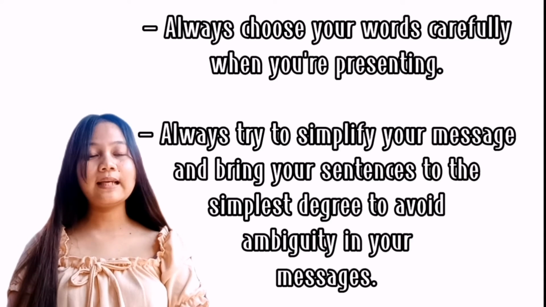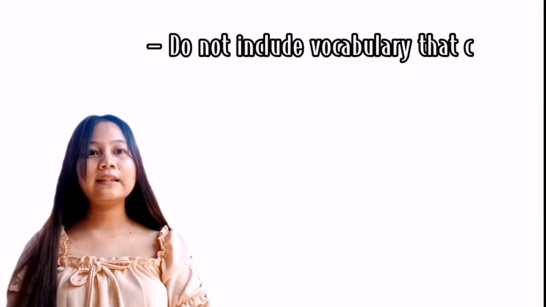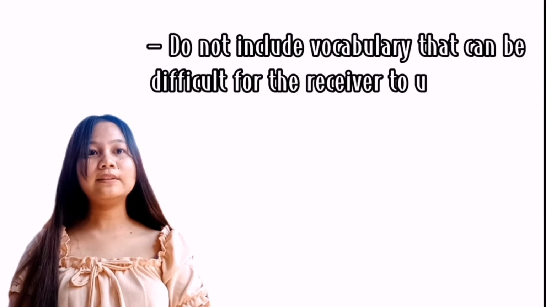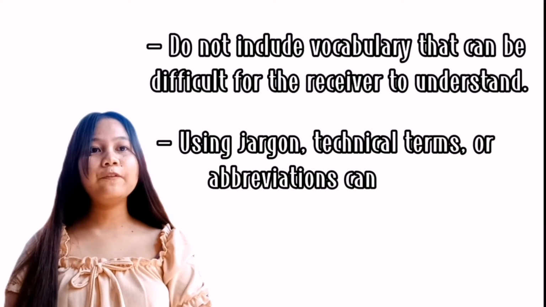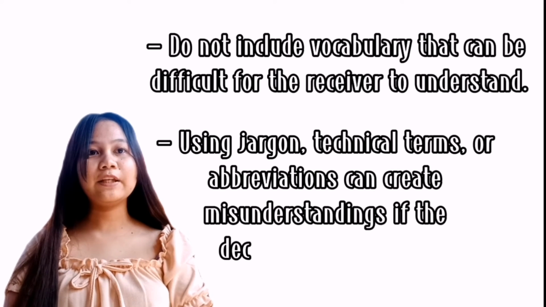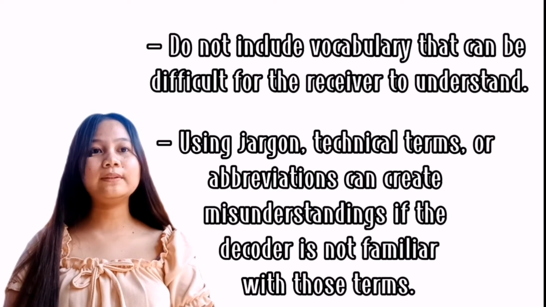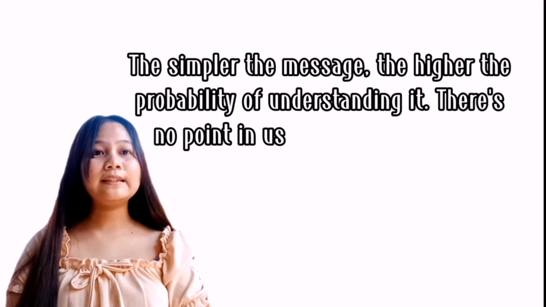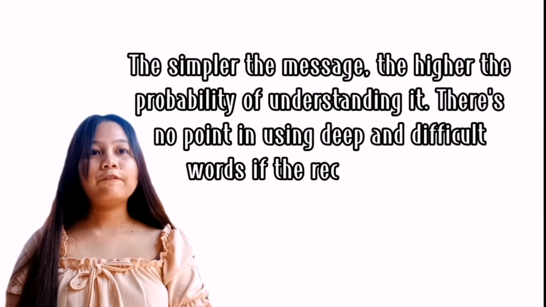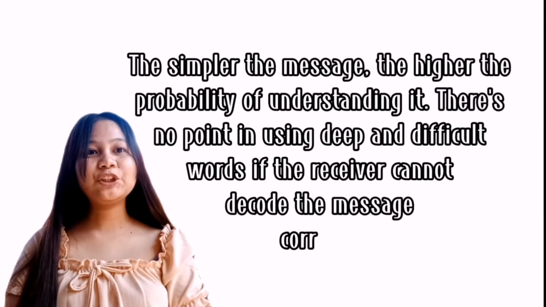Do not include vocabulary that can be difficult for the receiver to understand. Using technical terms, jargon, or abbreviations can create misunderstanding if the decoder is not familiar with those terms. The simpler the message, the higher the probability of understanding it. There's no point in using deep and difficult words if the receiver cannot decode the message completely.